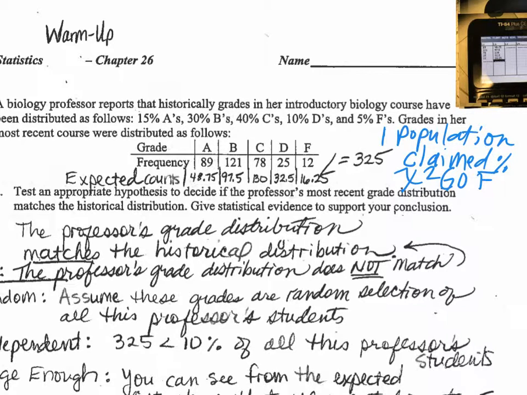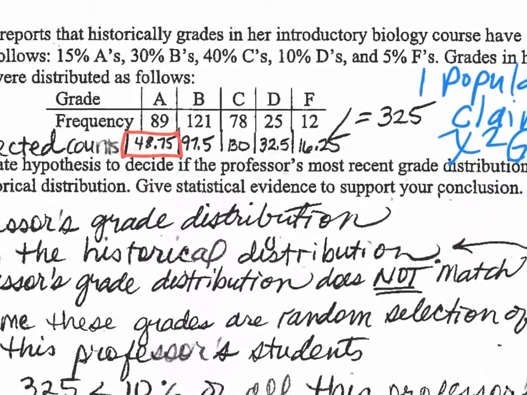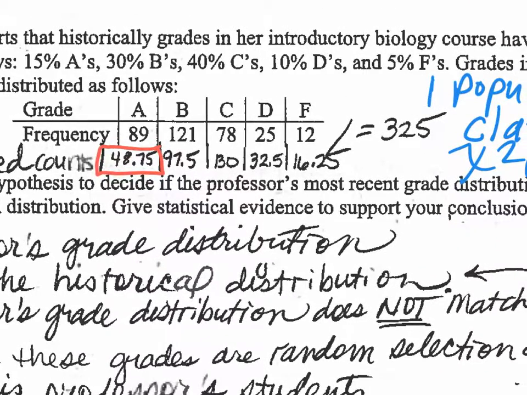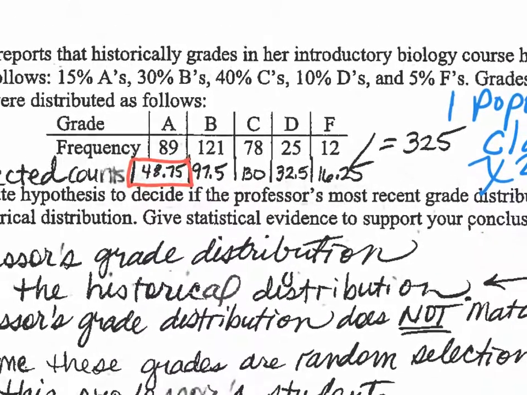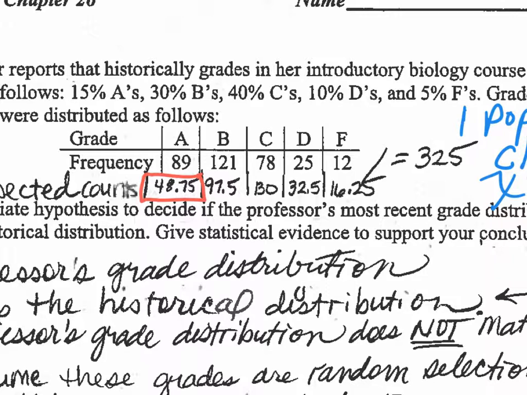Now I want to show you the number one mistake that gets made that I want you to watch out for. I want you to check what your expected counts are. For A, it should be 48.75. The common mistake is people go 15% of 89, and that's not correct.